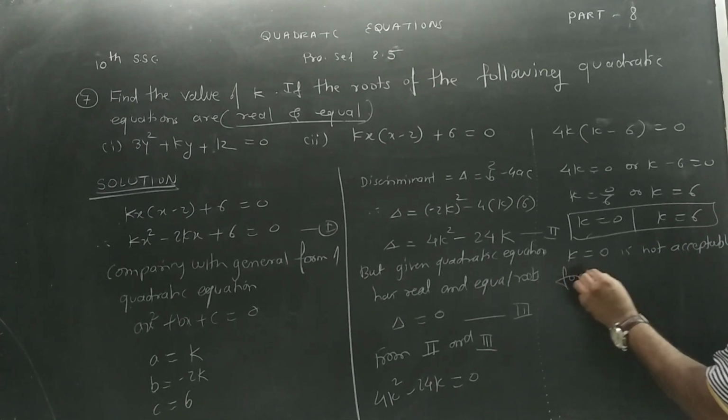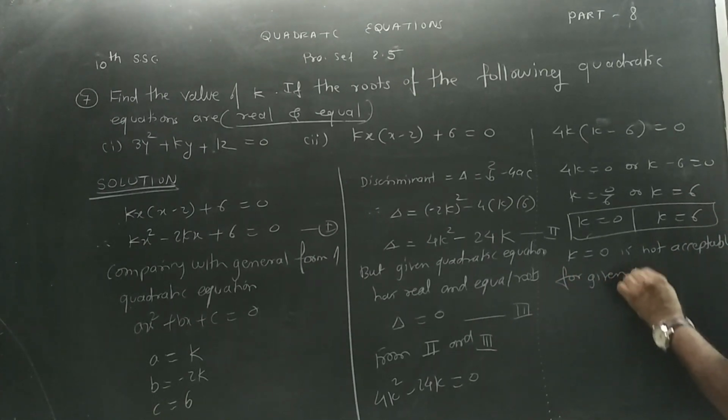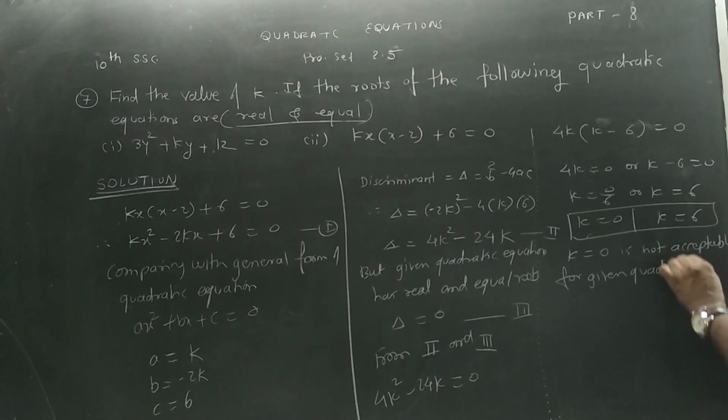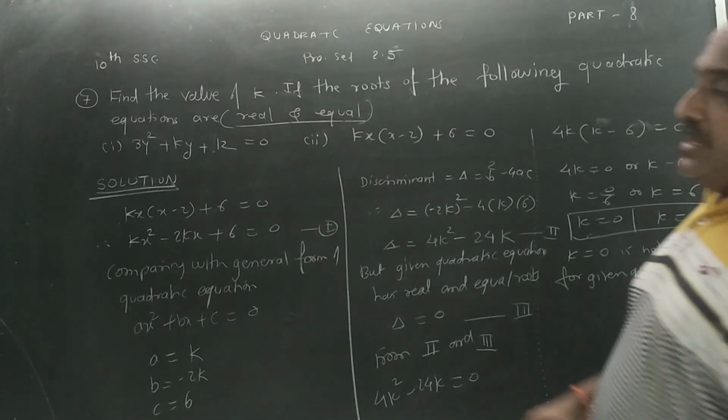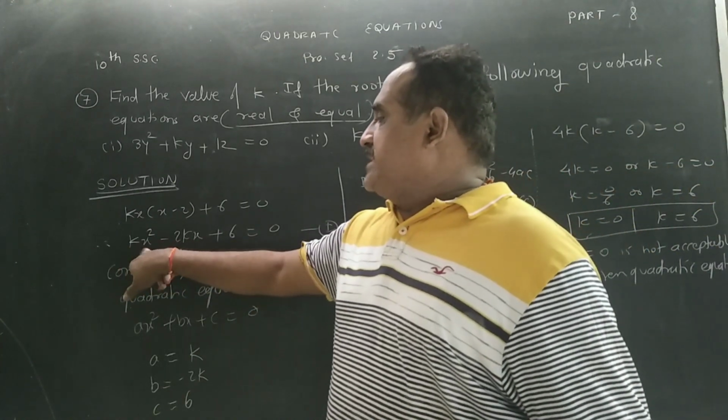for the given quadratic equation. हमें लगेगा k is equal to 0, k is equal to 6 है, आंसर आया. बट यहां देखो तुम्हें थोड़ा सोचना पड़ेगा. Here it is kx square.